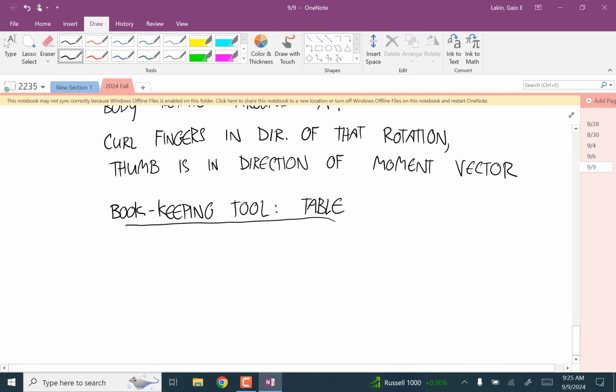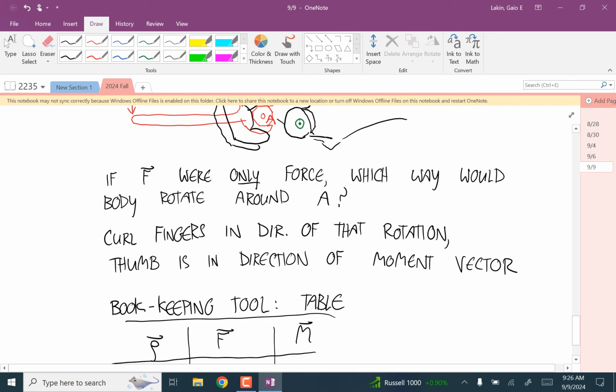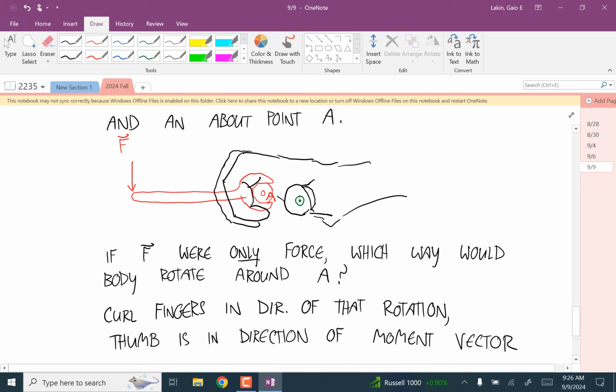The columns are going to be rho vector, force vector, moment vector. And each row is going to be an individual force. So let's do it for the example we just did.